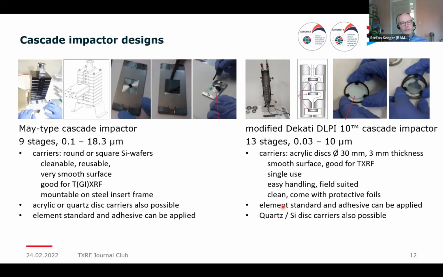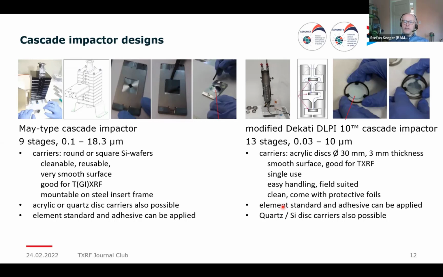And of course, you may, if you wish, apply elemental standards and adhesives: elemental standards for making quantitative TXRF analysis easier, and adhesives if you care about bouncing effects and want to prevent bouncing off of particles, which may have the effect that particles are not collected at the right stage, but may end up in another stage which does not correspond to the actual size.